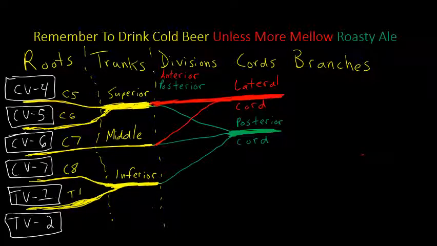And then the anterior division of the inferior trunk will extend out in order to form the medial cord of the brachial plexus.